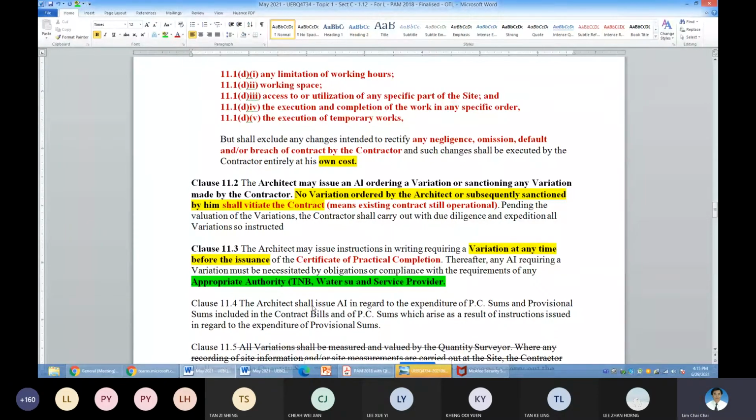Also under the requirement for the building to be operational, the service provider, for example Indah Water for your sewerage, plus others.